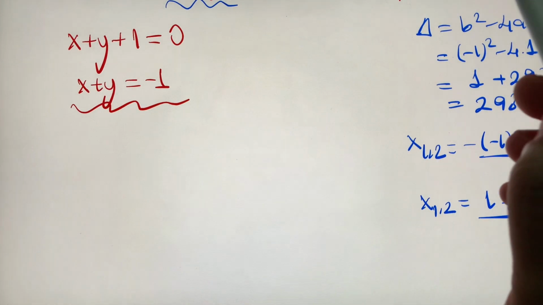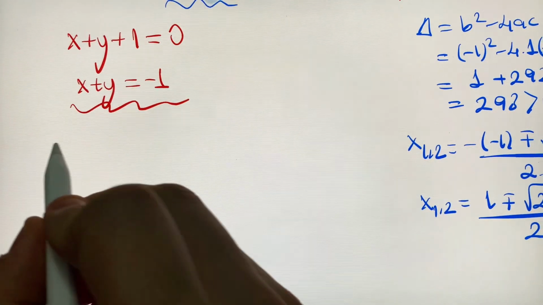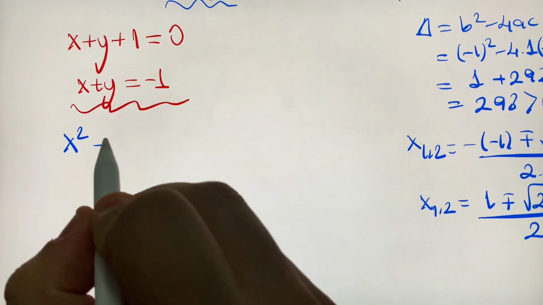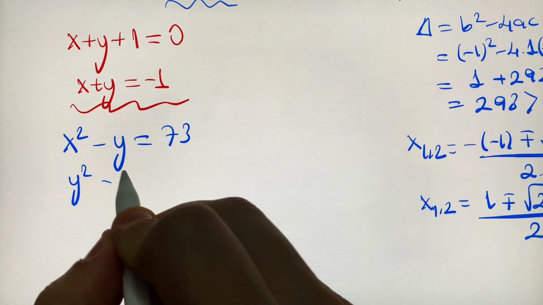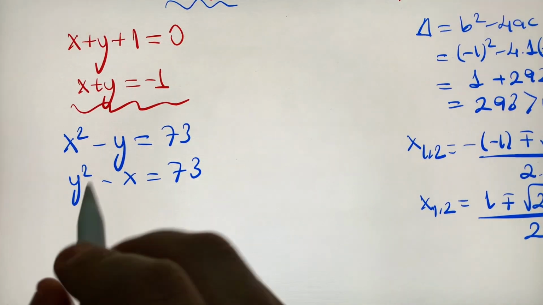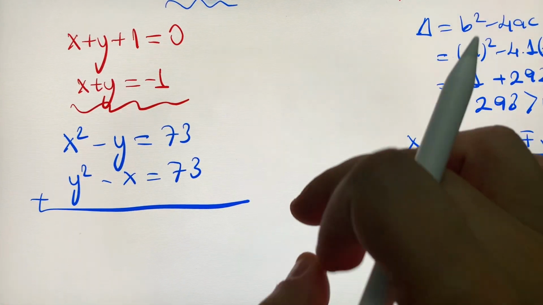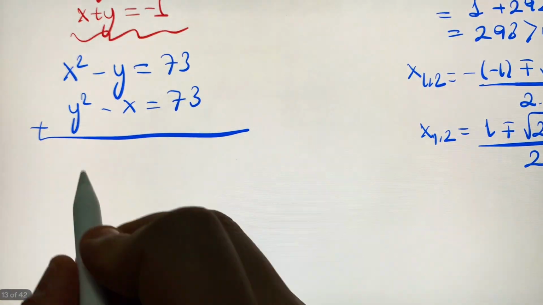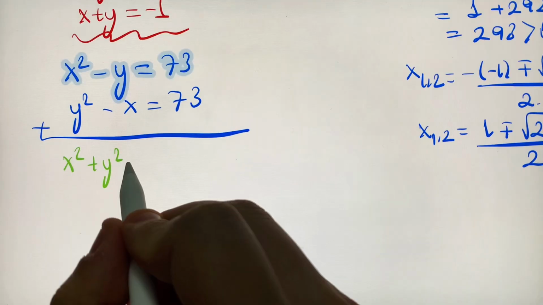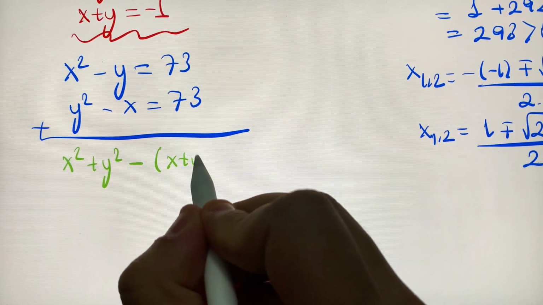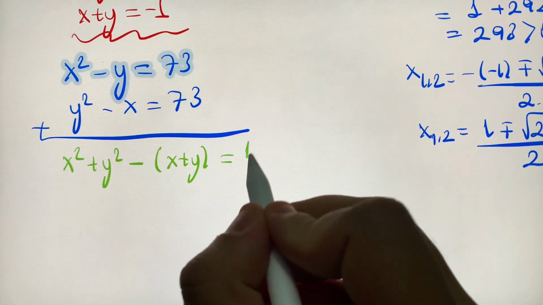Let's rewrite the first given equations: x squared minus y is equal to 73, and y squared minus x is equal to 73. Let's add them. What will happen if we add them? x squared plus y squared minus the parenthesis x plus y is equal to 146.